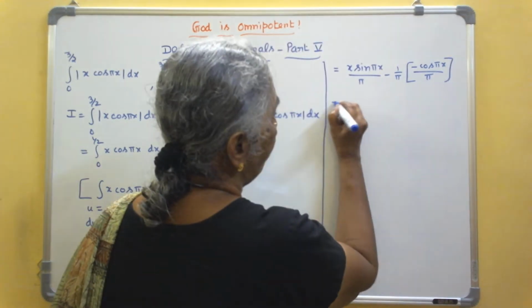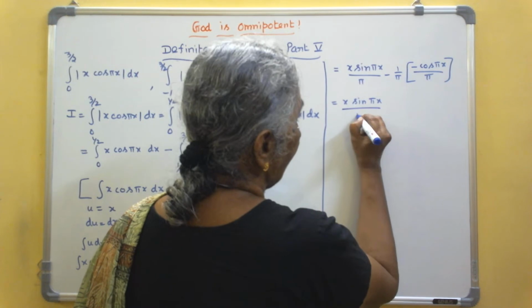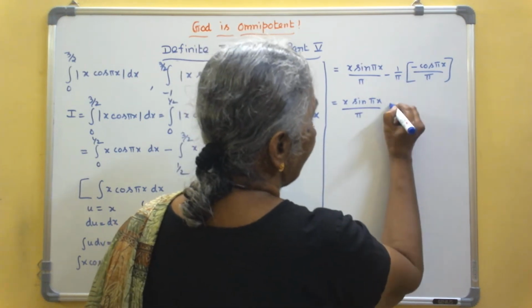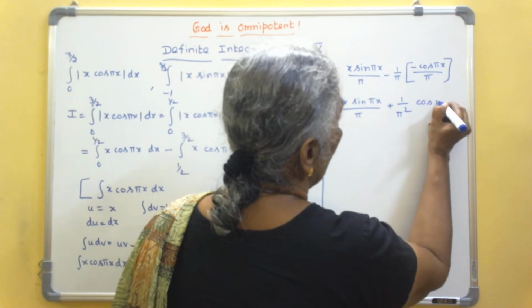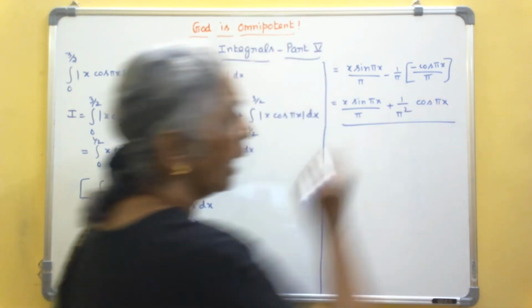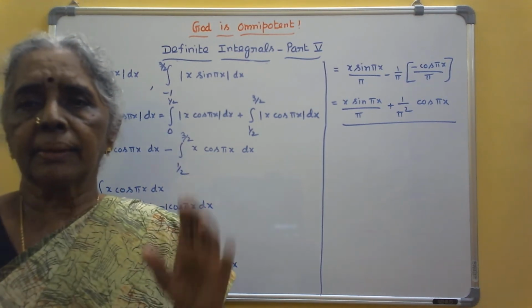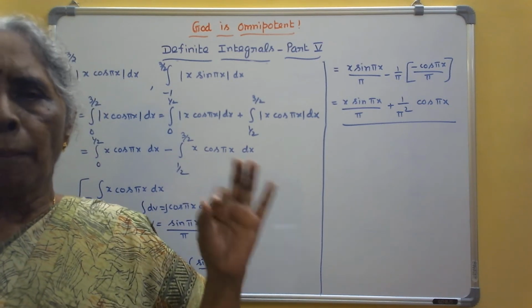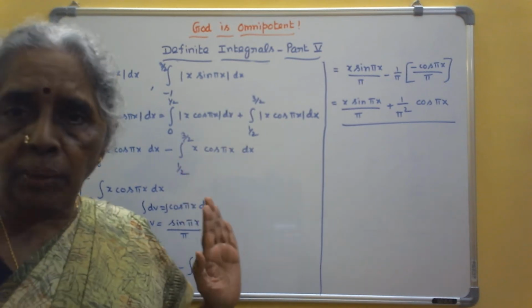Let me write it properly: x sin pi x by pi, minus into minus will be plus 1 by pi squared cos pi x. So once we integrate x cos pi x dx, we are getting x sin pi x by pi plus 1 by pi squared cos pi x. Is this clear to you?